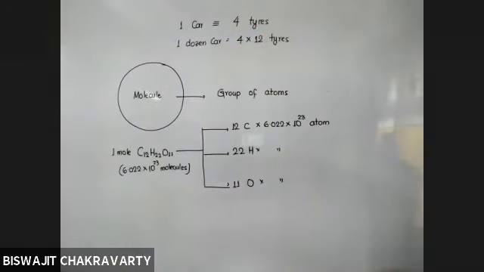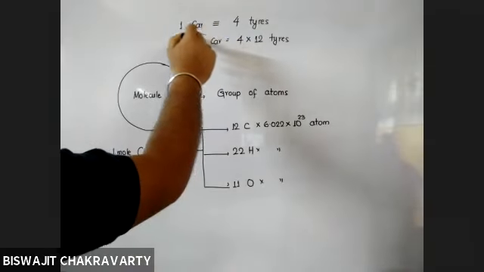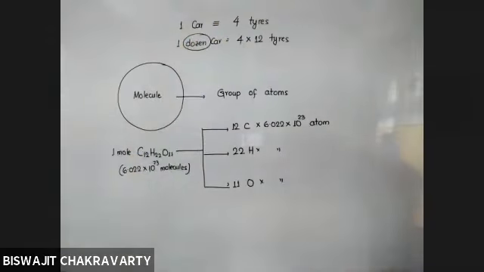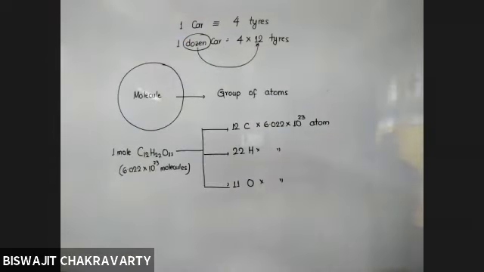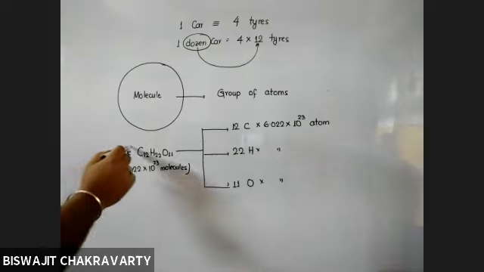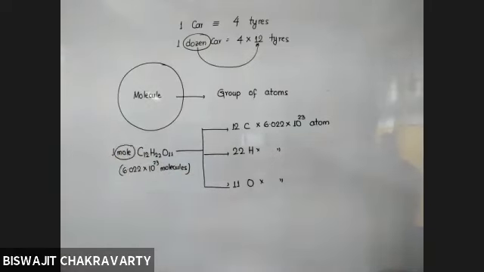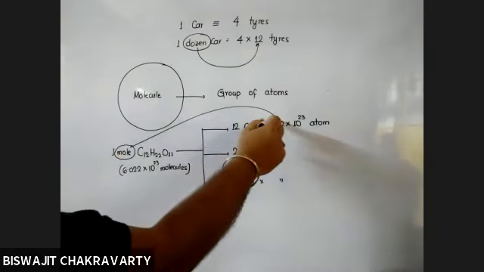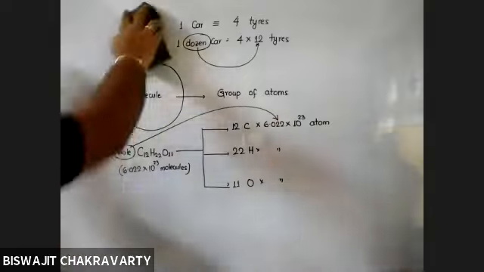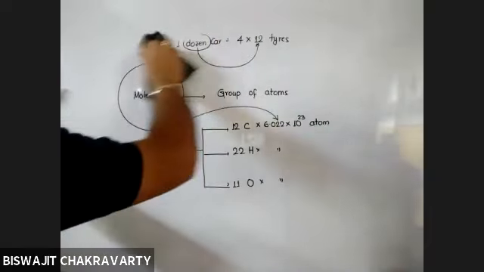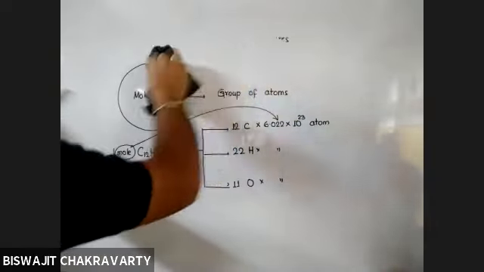The same way, in our day-to-day life, we use the term dozen, and dozen stands for 12. Similarly, in the world of chemists, we are using mole, and mole stands for what? Okay, so based on this, let us try out some questions. I hope I can make you clear regarding that.